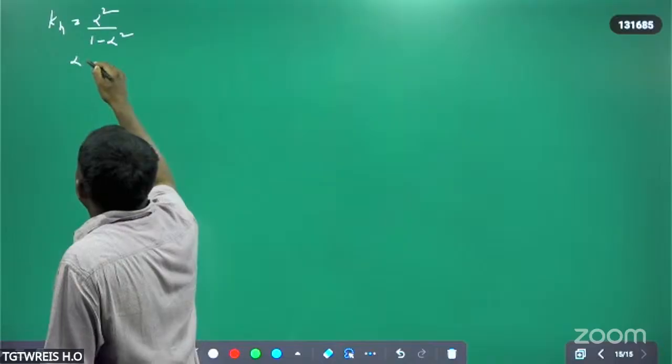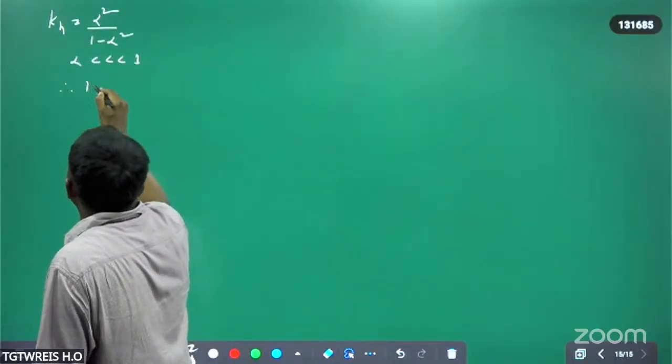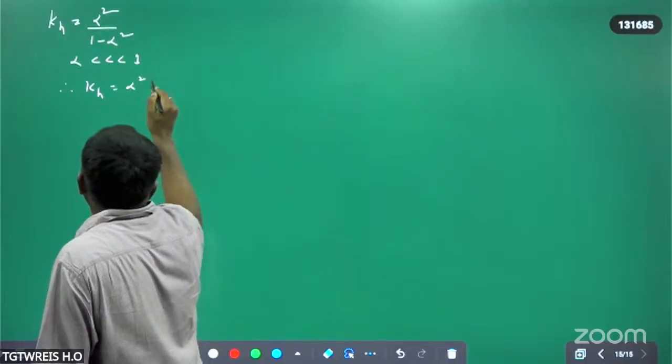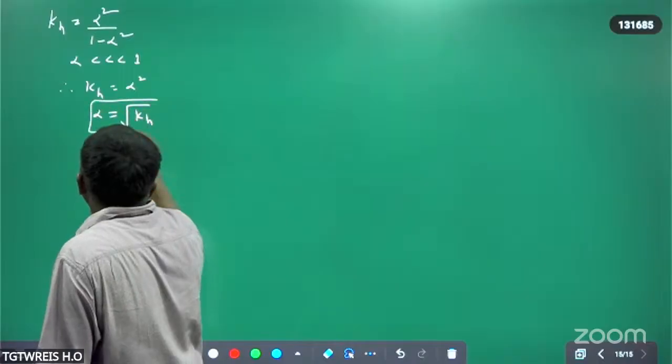Actually, alpha is very, very less than 1. Therefore, KH is equal to alpha square, and alpha is equal to the square root of KH.